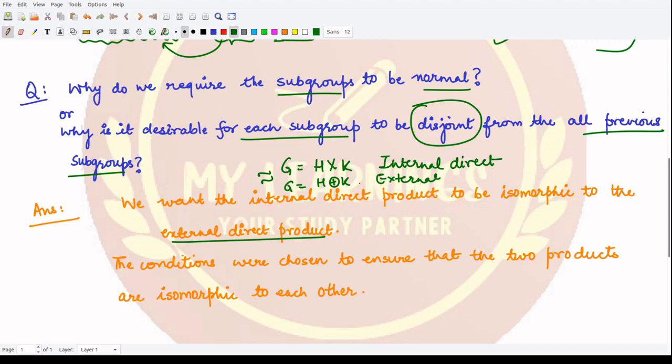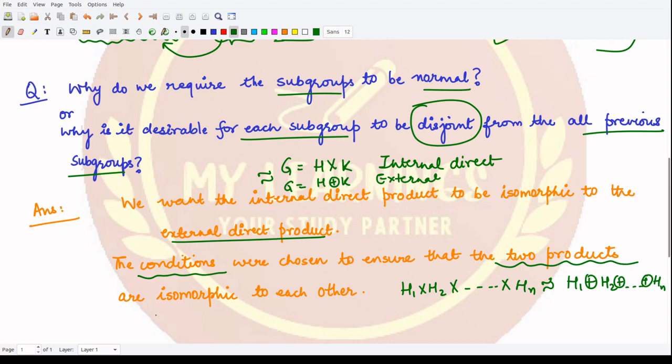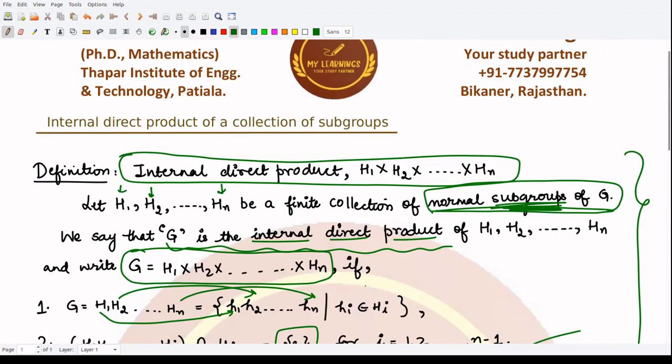In this case also, when we have many subgroups, H1 cross H2 and so on up to Hn should be isomorphic to the direct product of H1 with H2 and so on up to Hn. We choose the conditions such that the two products are isomorphic to each other. This is the very simple answer.